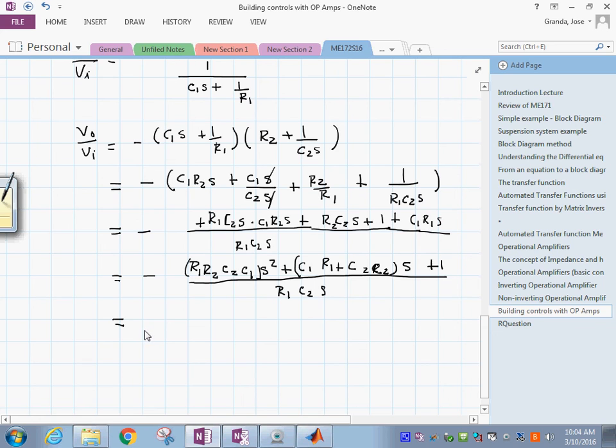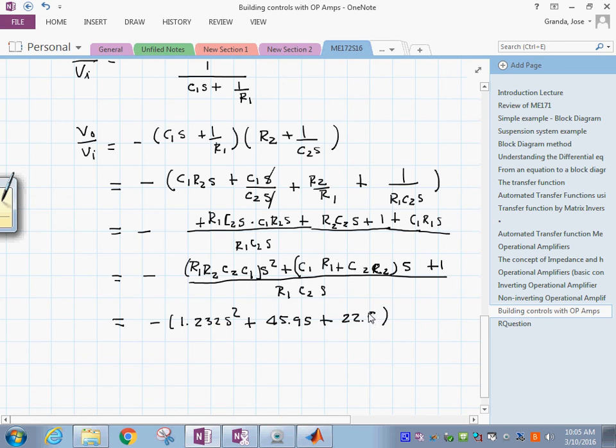is called, remember it's in the S domain, the derivative control, derivative term. This is called the proportional control. Excuse me, I think in here I'm missing something. This is the proportional control. And this is called the integral term.